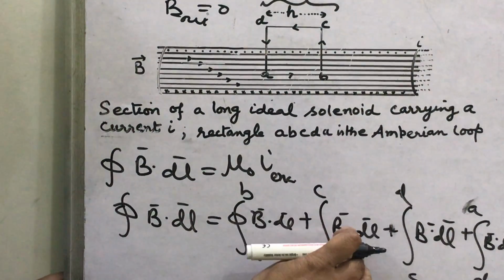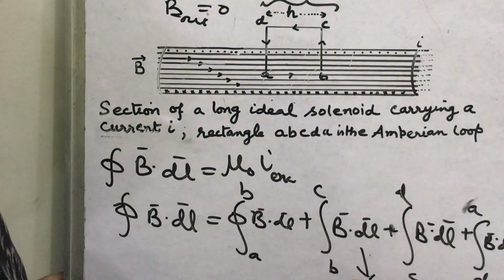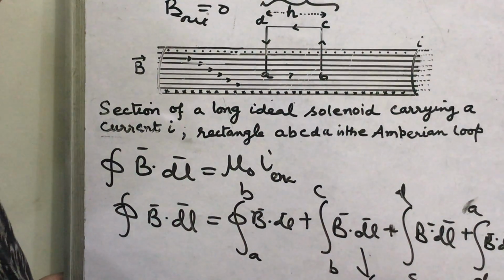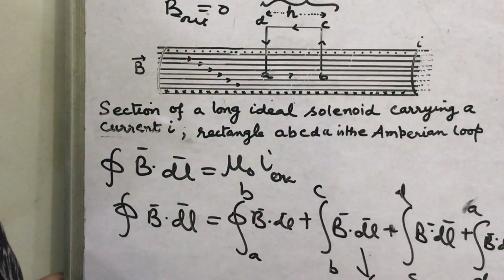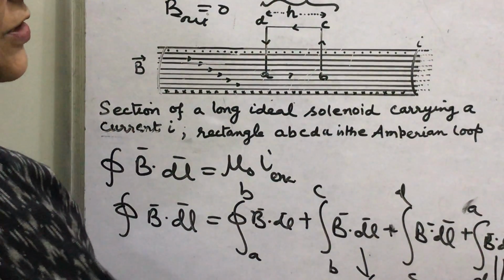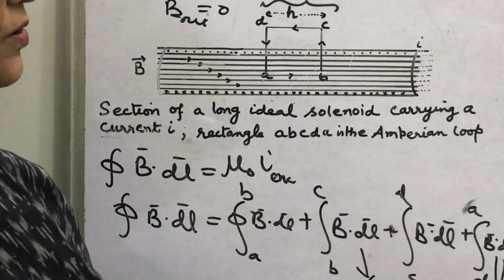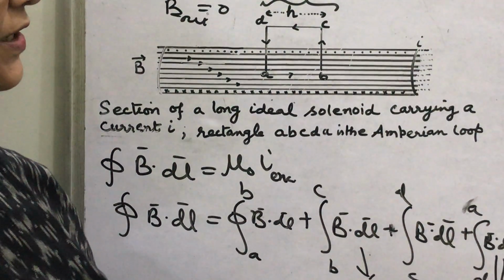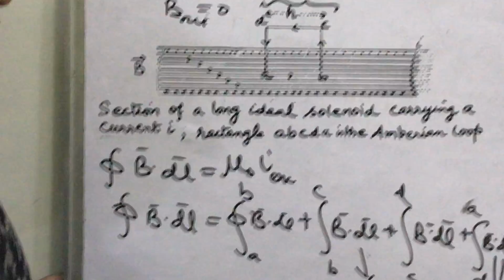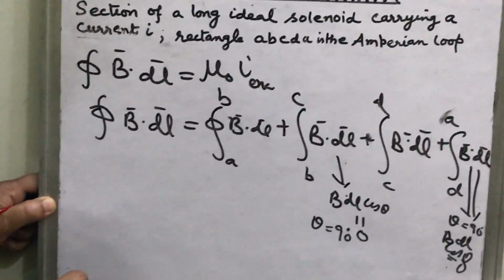So B dot dl is B dl cos theta, which will become 0 for theta equal to 90 degrees. Similarly for the fourth term, theta is 90 degrees, so B dl cos theta will be 0. So these two terms will become 0.